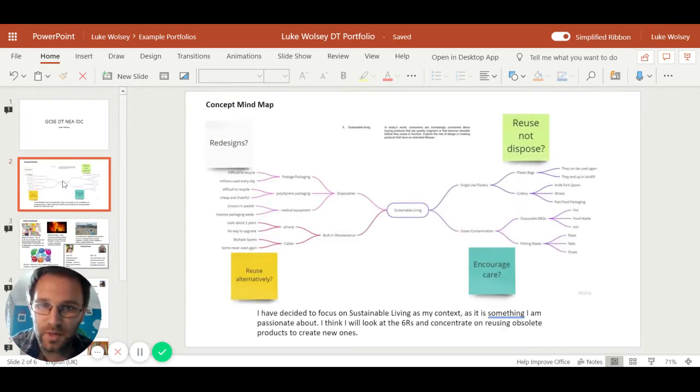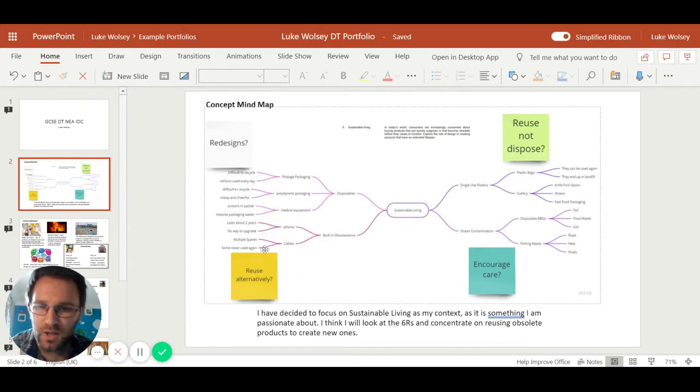I started off with this context, which of course is an example context. It's different to the ones that you have for your projects. So sustainable living was the context. I then produced my mind map, thinking of various areas, potential problems to do with sustainable living.